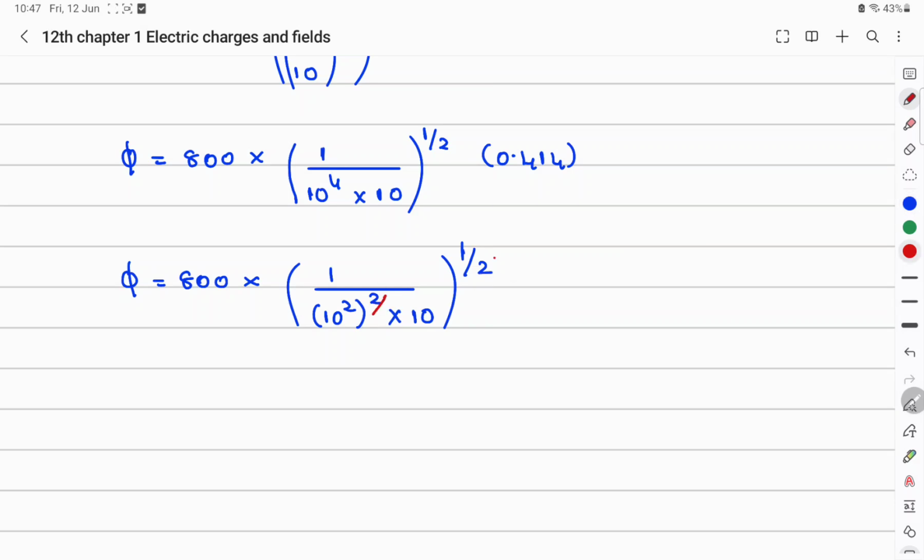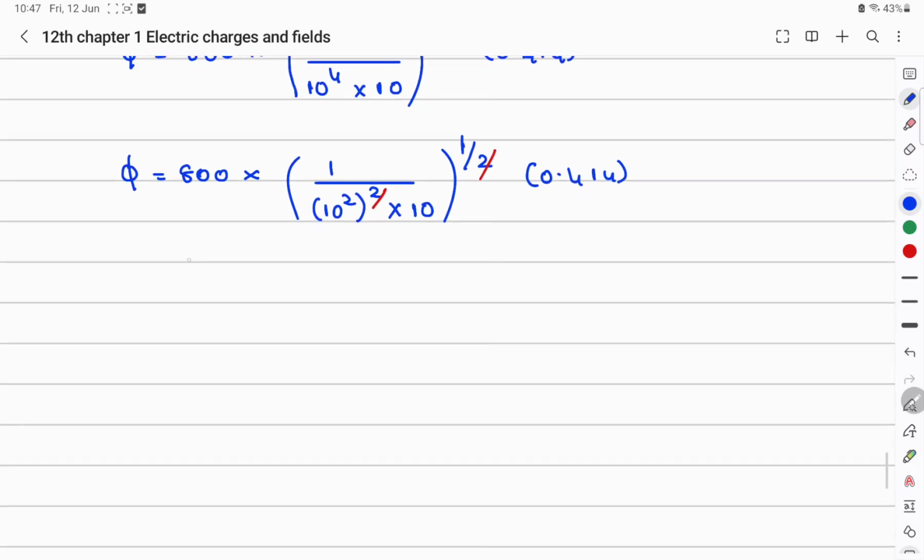So these values will get cancelled into 0.414. So phi is equal to 800 into 1 by 100 into 1 by 10 power 1 by 2 into 0.414.